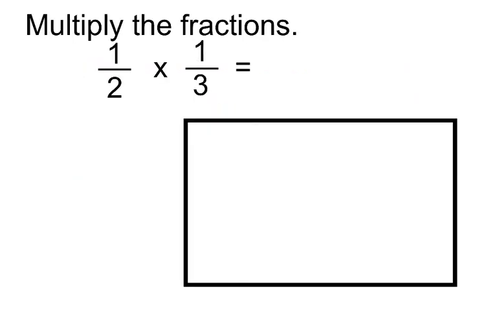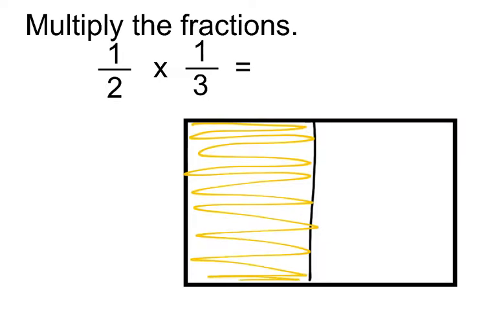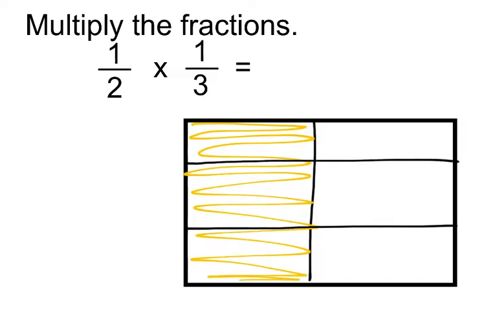So let's review. We look at this first problem. We're going to multiply 1/2 times 1/3. Well, 1/2 I can shade in, and times 1/3, vertically I can draw 3 separate boxes, and I need 1/3 vertically.